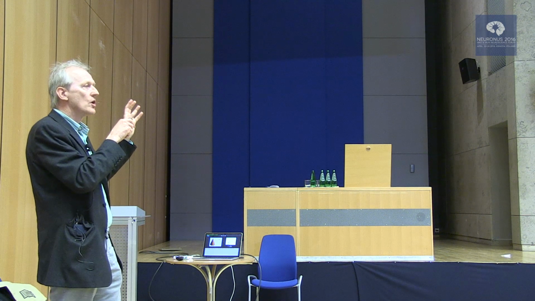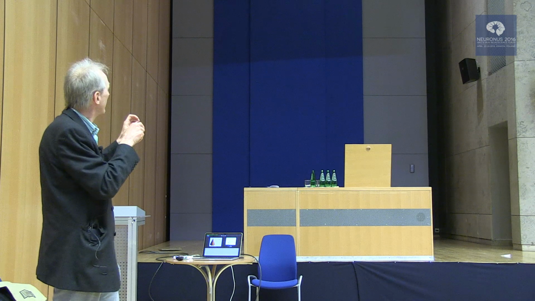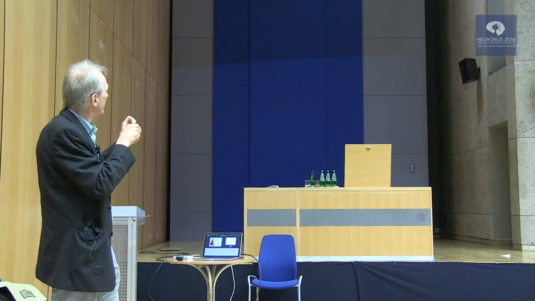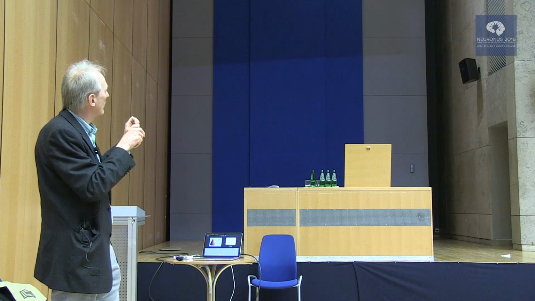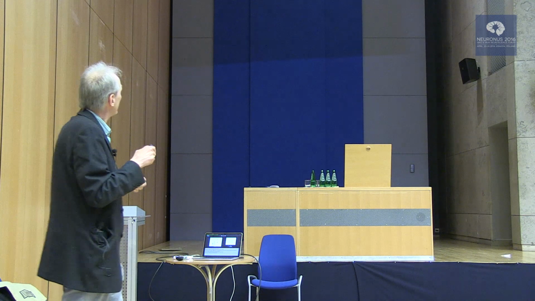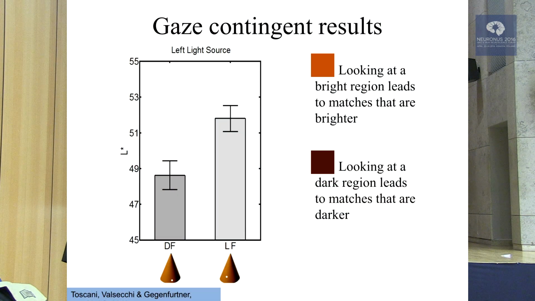And of course, we want to know whether it makes a difference, whether they fixate a point that's here more in the dark region or a point that's here more in the light region. And it does make a difference. So this shows that when observers fixate a point that's slightly in the dark, they adjust a certain luminance value here, and when the observers fixate a light region, they adjust the object to appear brighter than when it's in the dark.